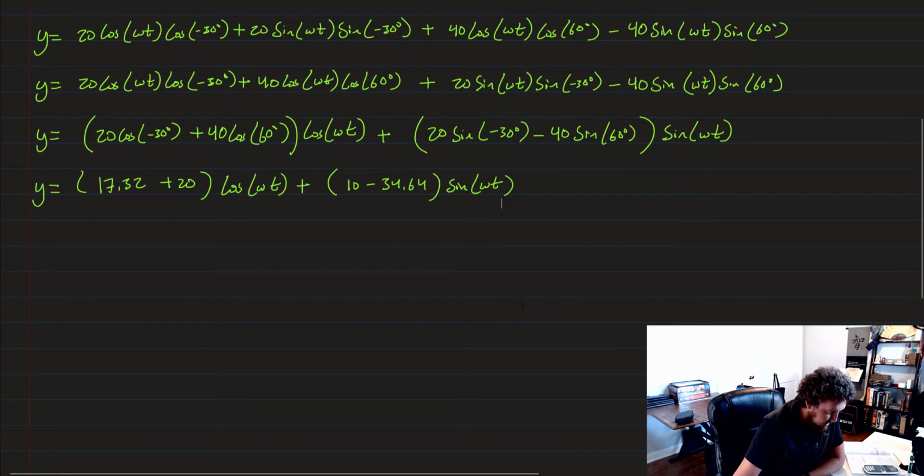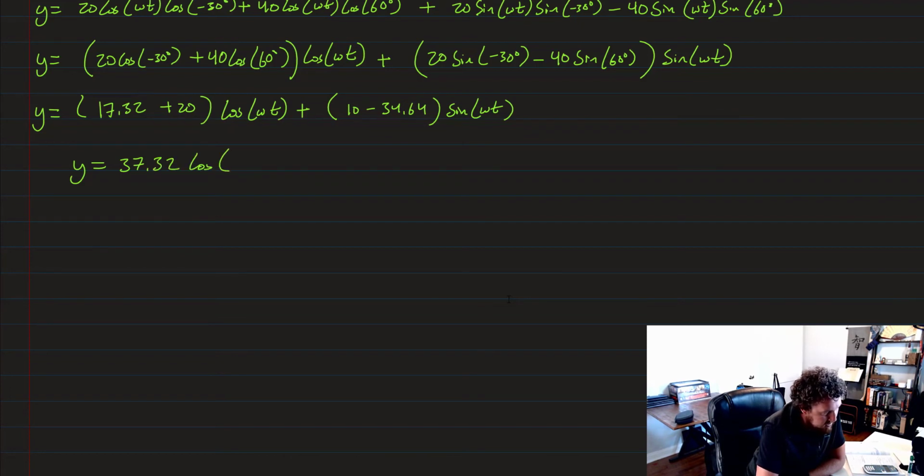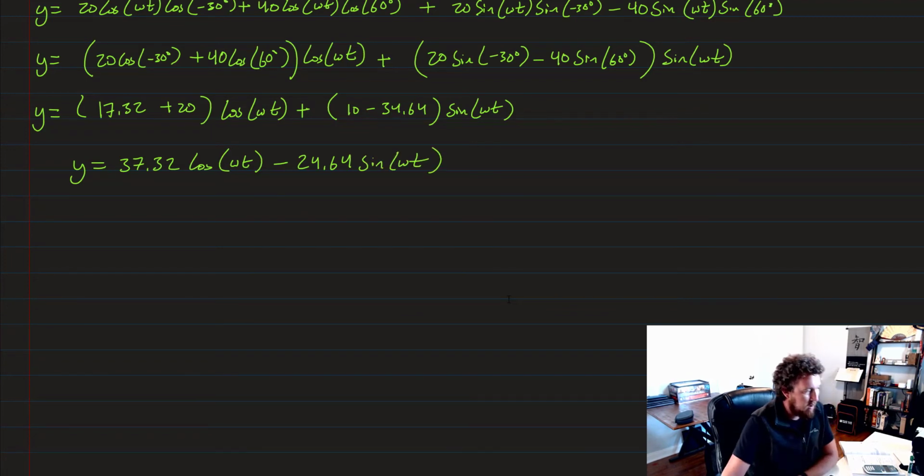And then when you go ahead and do these arithmetics and combine everything up, we're going to get that y is equal to 37.32 times the cosine of omega t plus, minus 24.64 times the sine of omega t.